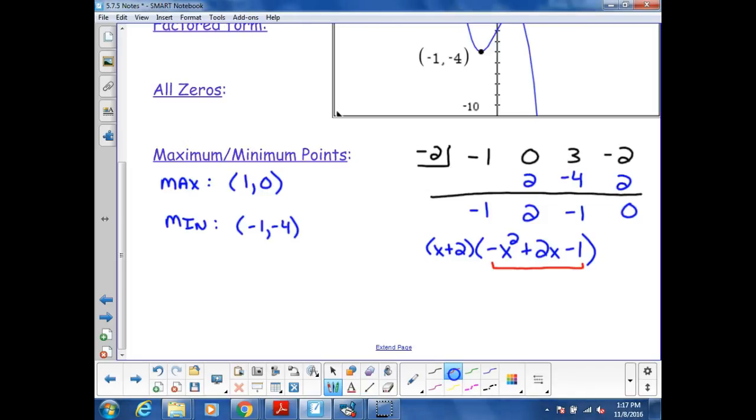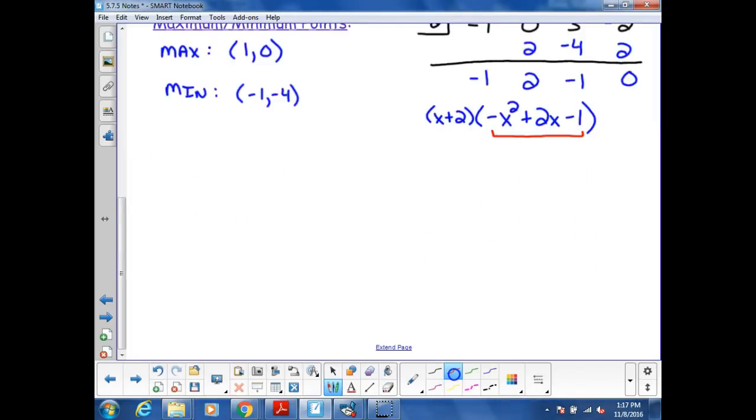Do we like negatives in there? No, not a big fan of negatives in there. So let's factor out a -1. That then would leave me with positive x squared minus 2x plus 1. Are there two numbers that when multiplied together give me +1 and when added together give me -2?